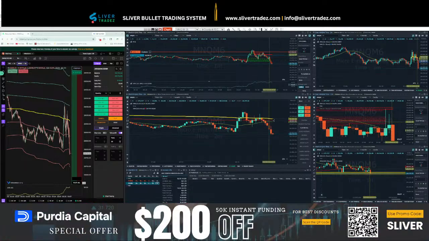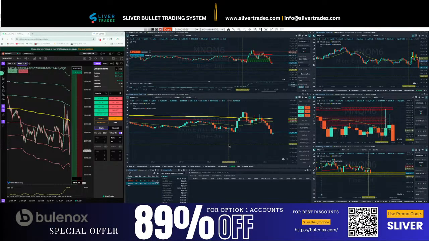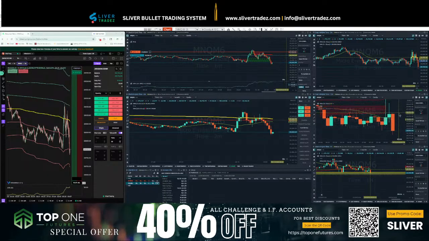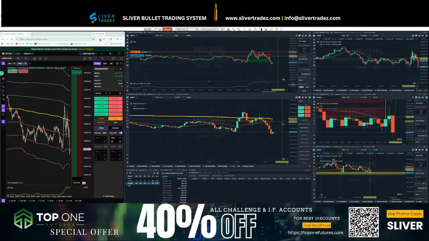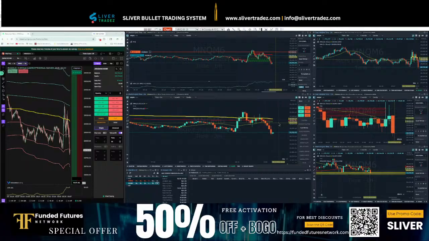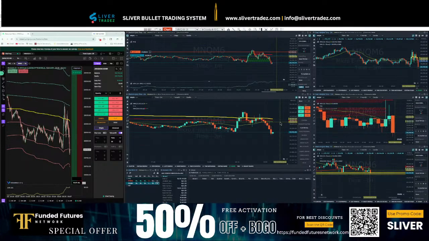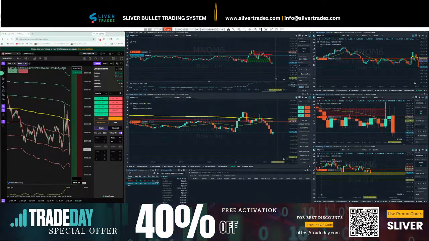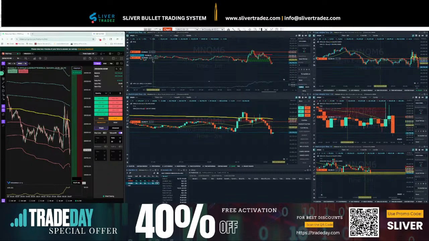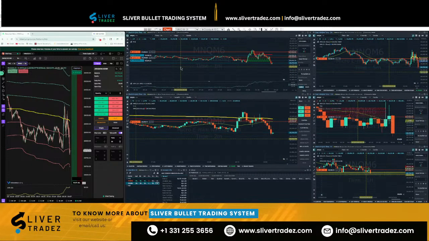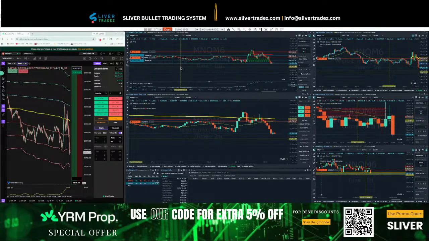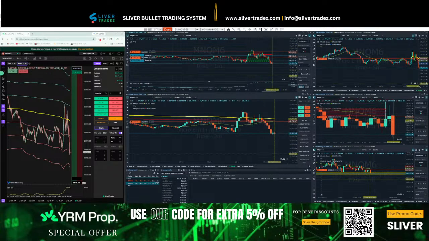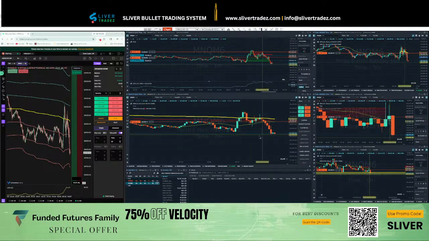So I expect the market to reverse and come back to 21 SMA level with a sharp move at this level. Let's see if that happens. If that happens, I will take some trades.